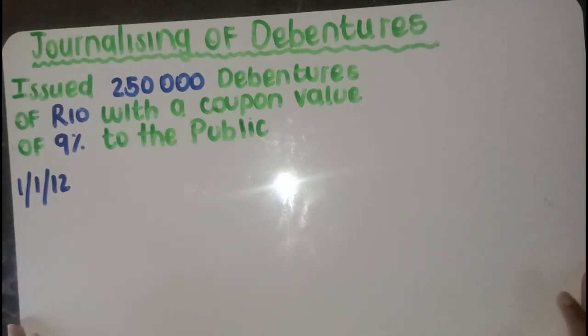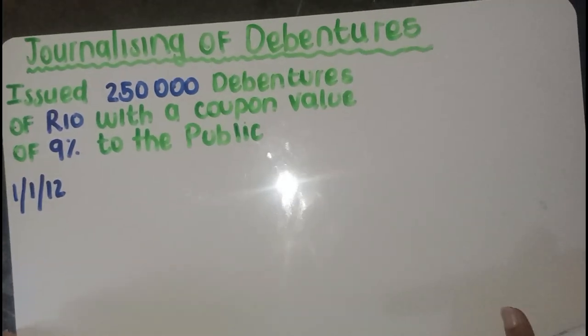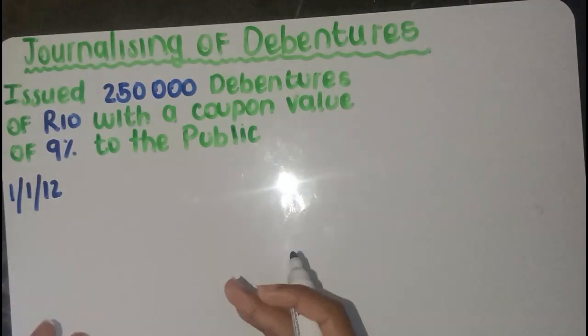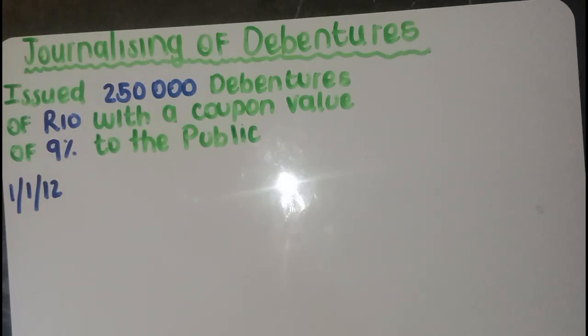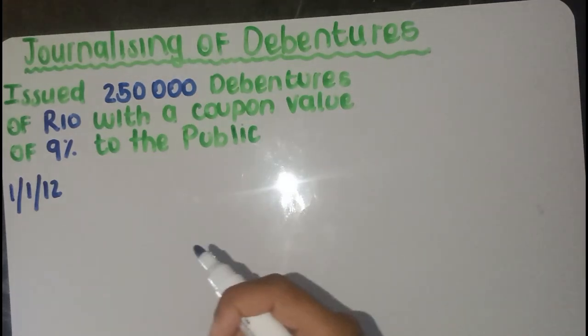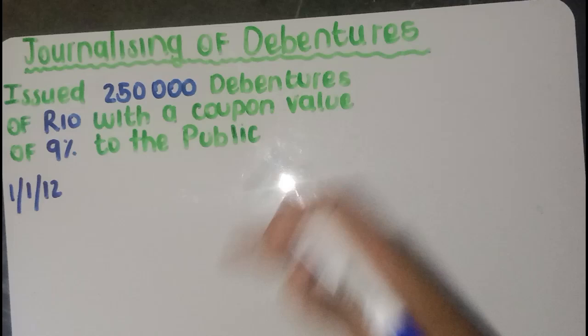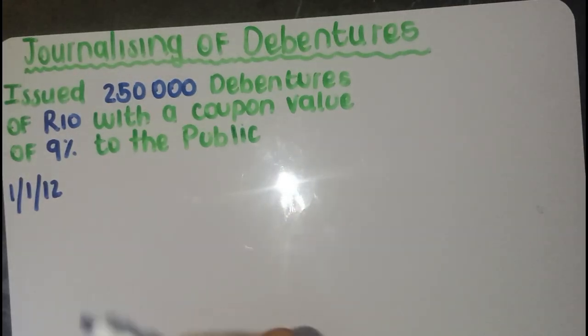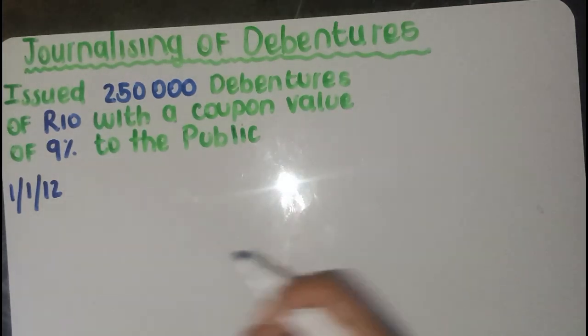Since I did say that we seek help from the public in order to fund our business, they're issued like shares. Debentures are similar to shares, but they're not necessarily shares, because you owe the public and you have to pay them back at a later stage. So they are actually a liability.